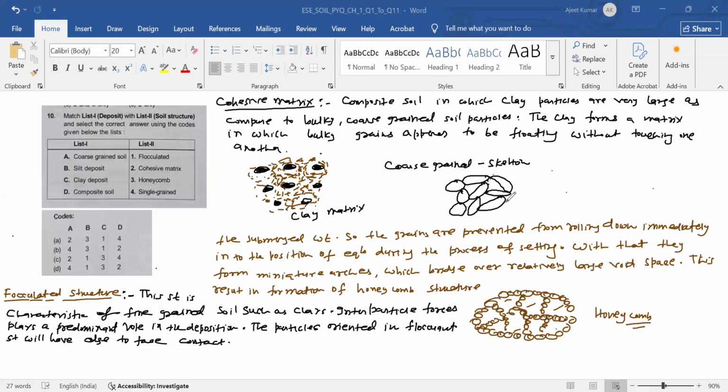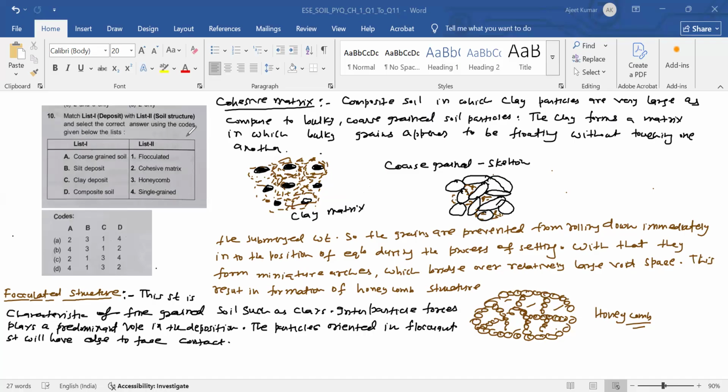Load carrying capacity of coarse grained skeleton is more as compared to clay matrix. The clay particles will be inside these voids.